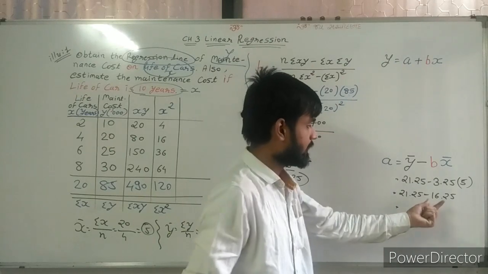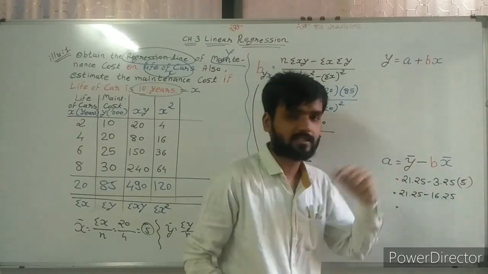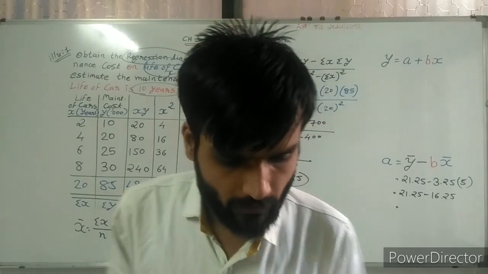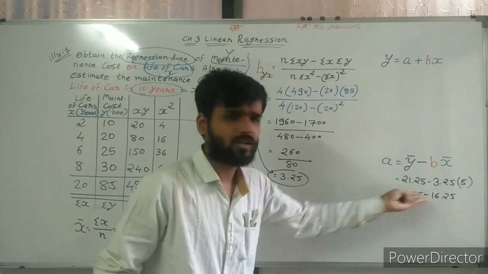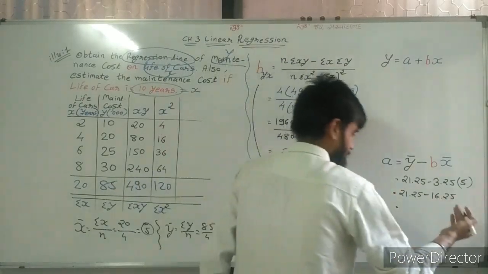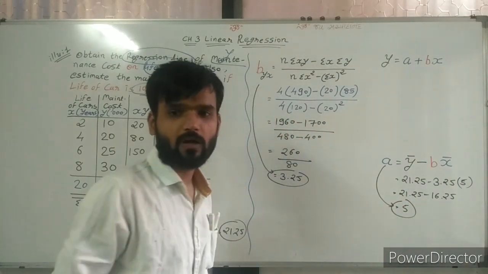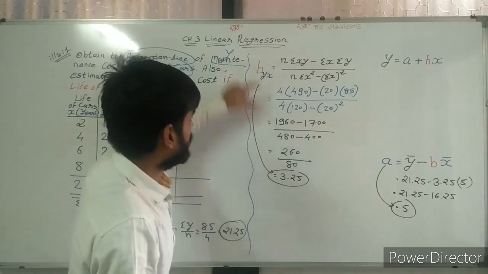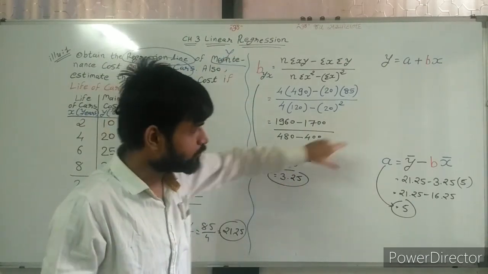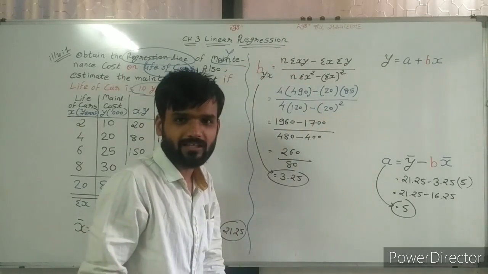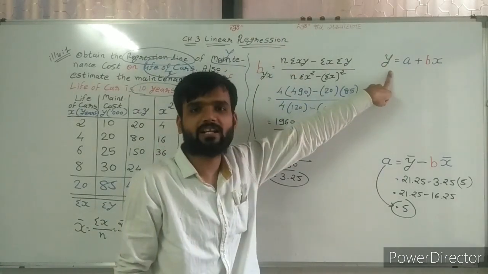Now 21.25 minus 16.25, make the difference and you will get the simplest one, 5. So A is equal to 5. Now we have two values: B is 3.25, then A is 5. On the basis of A and B, we can find the regression line.